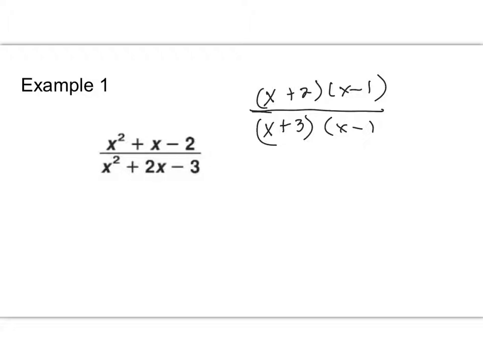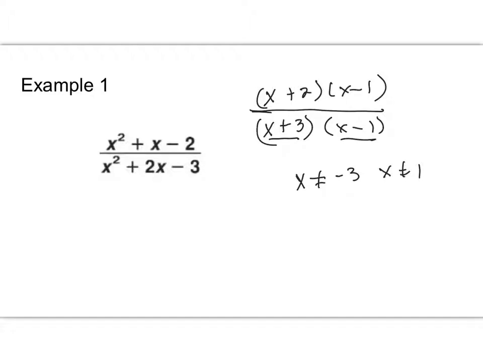Okay, things x can't be. Well, in this factor, x could not be negative 3. So x cannot equal negative 3. And over here, in this factor, x could not equal 1. Otherwise, I have 0 in my denominator. So those are the two places where this expression would be undefined.